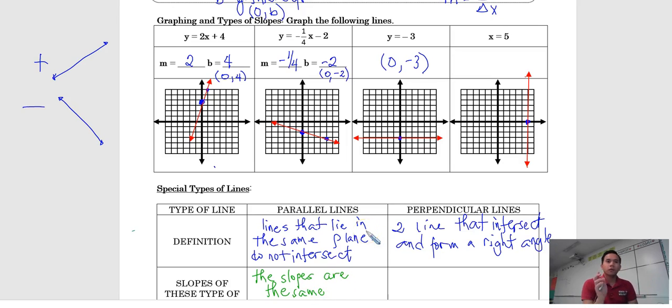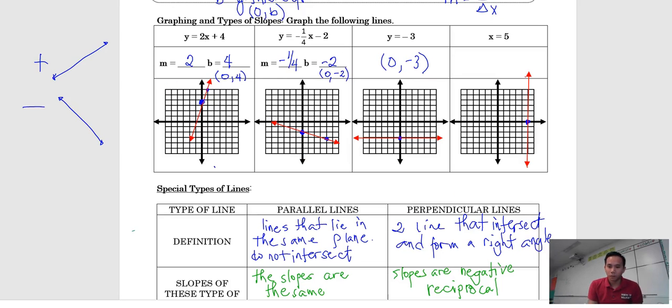So we only have to look at whether the slopes are the same but with different y-intercepts. The slopes are the same, but the y-intercept will be different. While perpendicular lines, their slopes are negative reciprocals. So we'll be doing an example about this one.